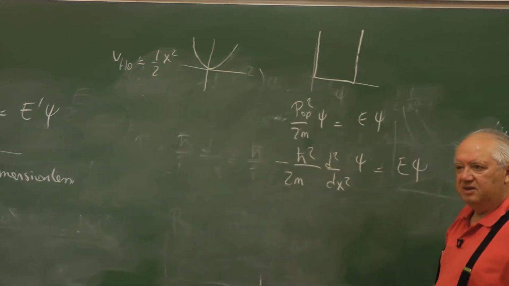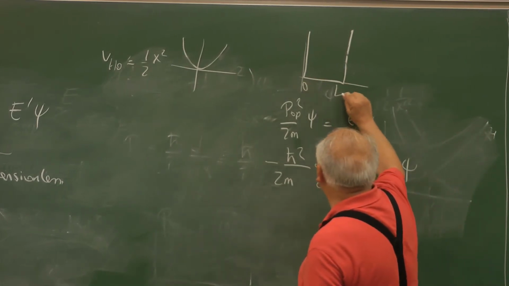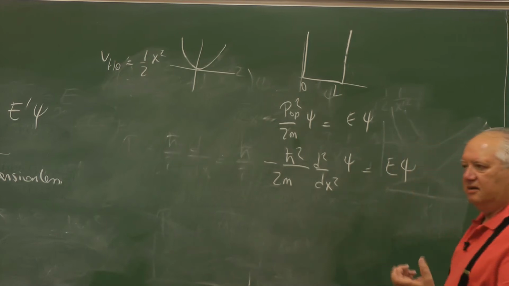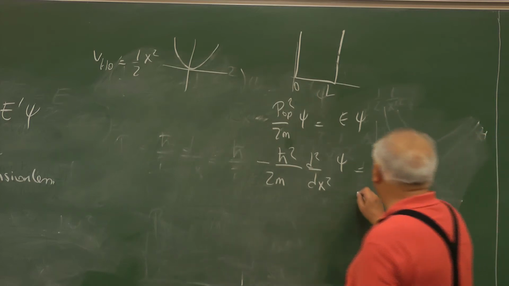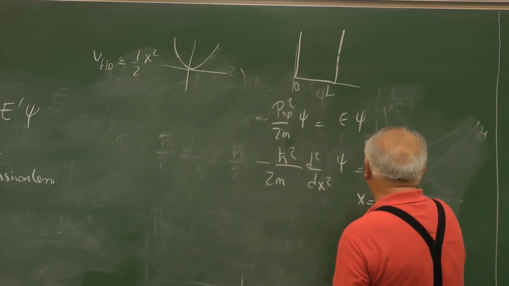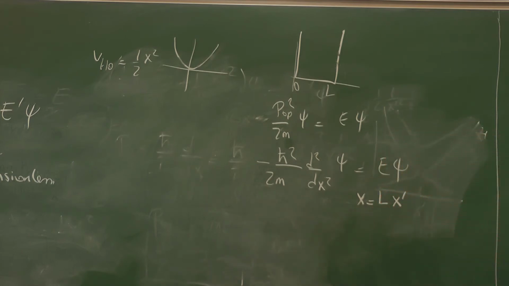If you want to make things dimensionless, there is one natural length here, 0 to L. That's the width of this infinite square well. And so let us make this x dimensionless. So x prime goes from 0 to 1 in this case.